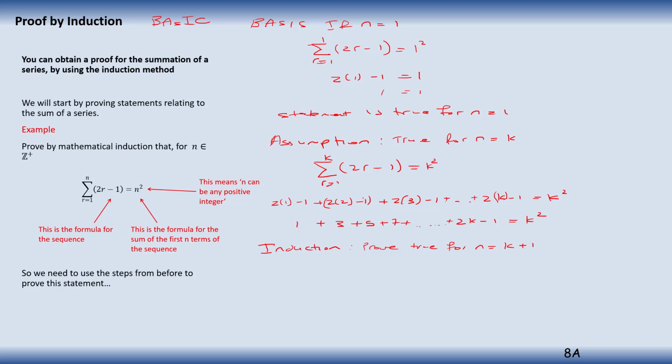So we take our statement, the summation, and replace n with k plus 1. Really not sure I've got enough room, but I'm going to try. So our summation goes from r equals 1 to k plus 1 of 2r minus 1, which is equal to k plus 1 squared.